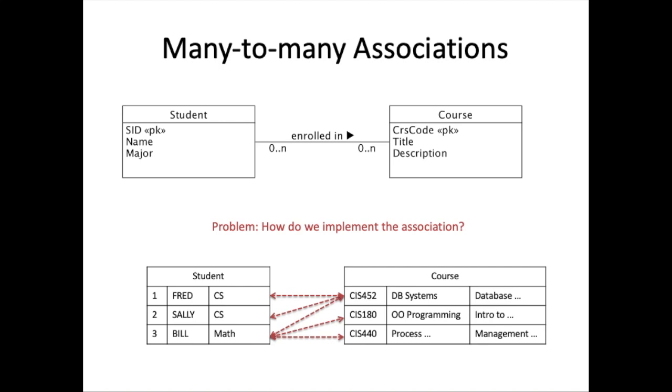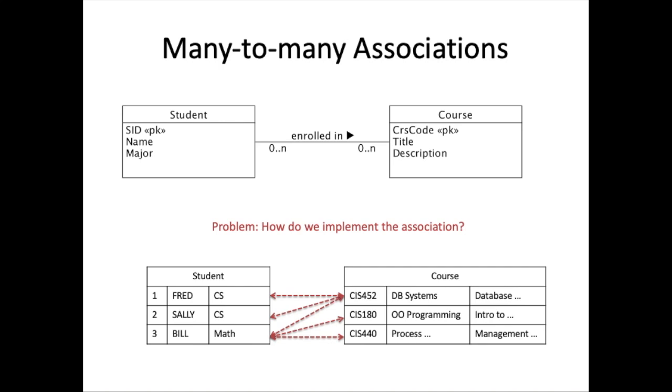Either way, I'm going to have 3 rows for Bill, each with a different primary key value, a different course code value. And if that's the case, then all of Bill's information is going to be recorded 3 times, basically.